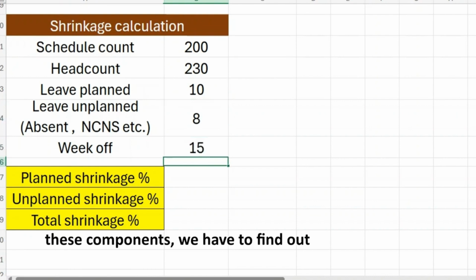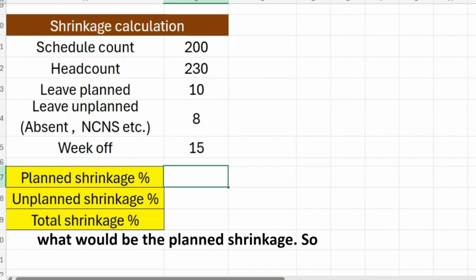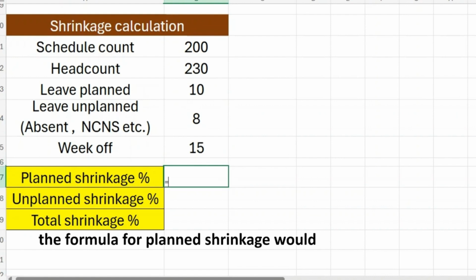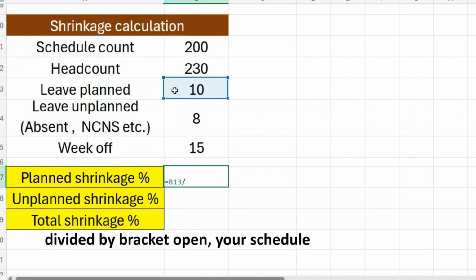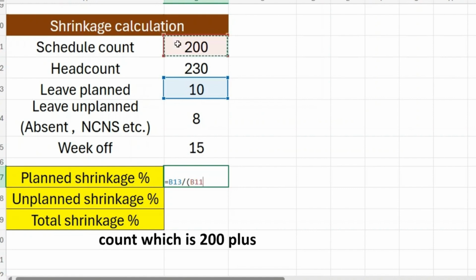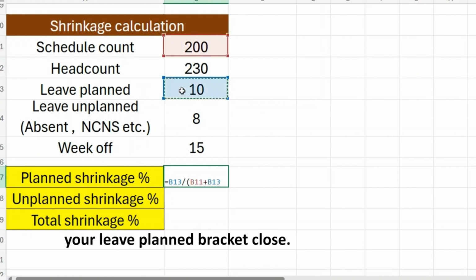So on the basis of these components, we have to find out what would be the planned shrinkage. The formula for planned shrinkage would be your leave planned divided by bracket open your schedule count, which is 200, plus your leave planned, bracket close.